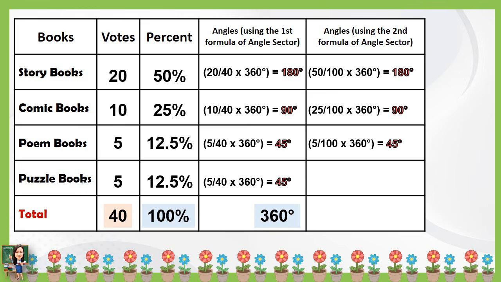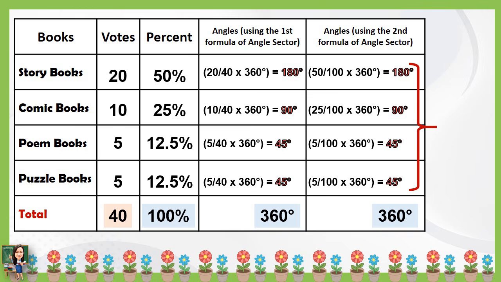Poem books 12.5 divided by 100 times 360 degrees equals 45 degrees. Then puzzle books, 12.5 divided by 100 times 360 degrees equals 45 degrees. So 180 plus 90 plus 45 plus 45 equals 360 degrees. So as you can see, this gives you the same answer.